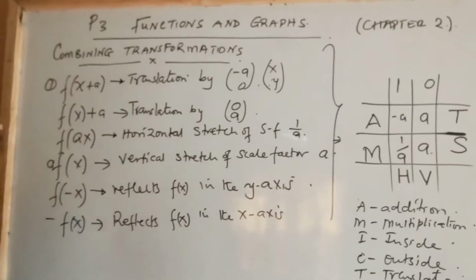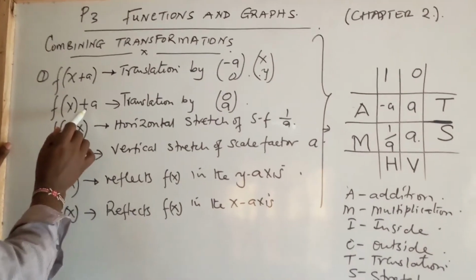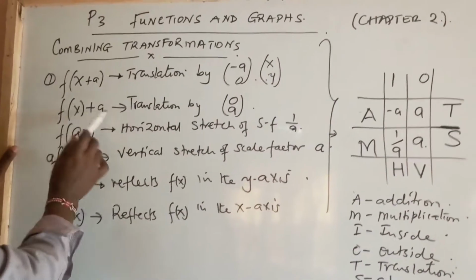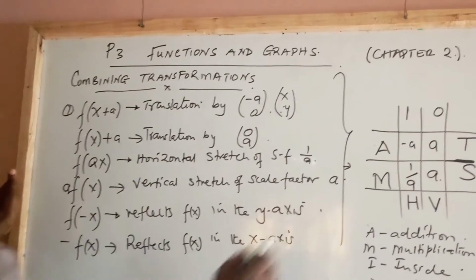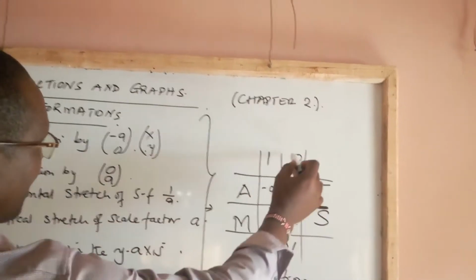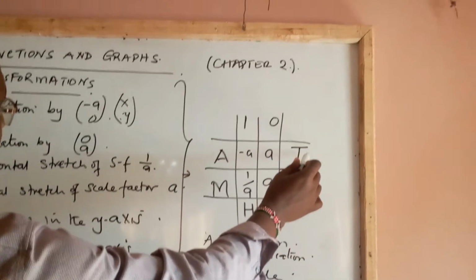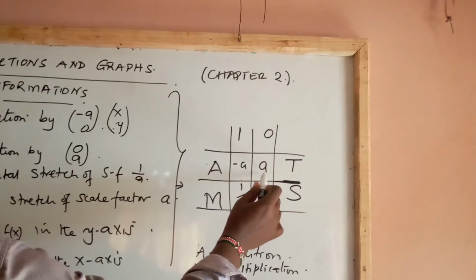If I come here, there is A and it is added, but it is outside the bracket. So we are talking about addition outside. Addition outside means it's a vertical translation of A steps.